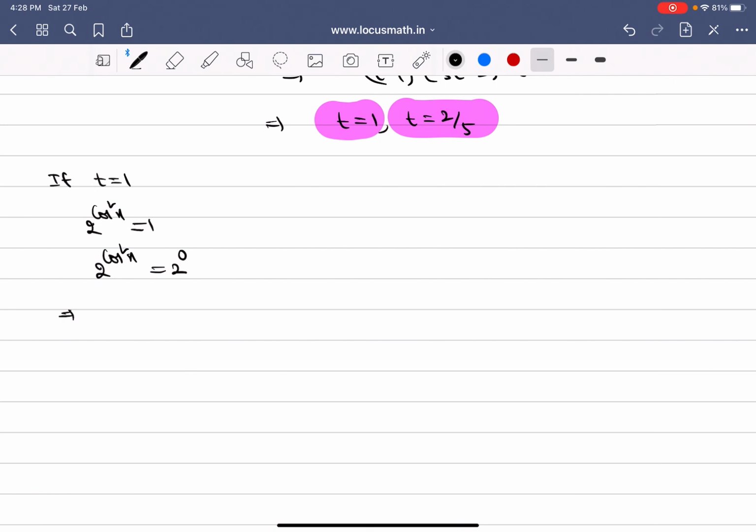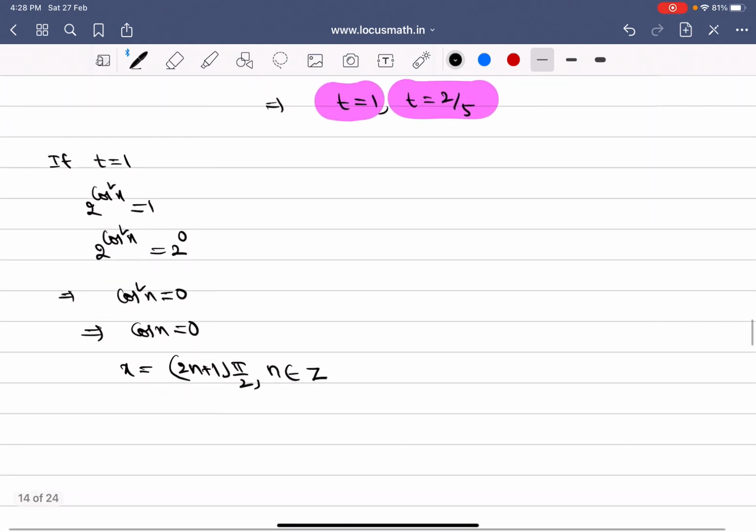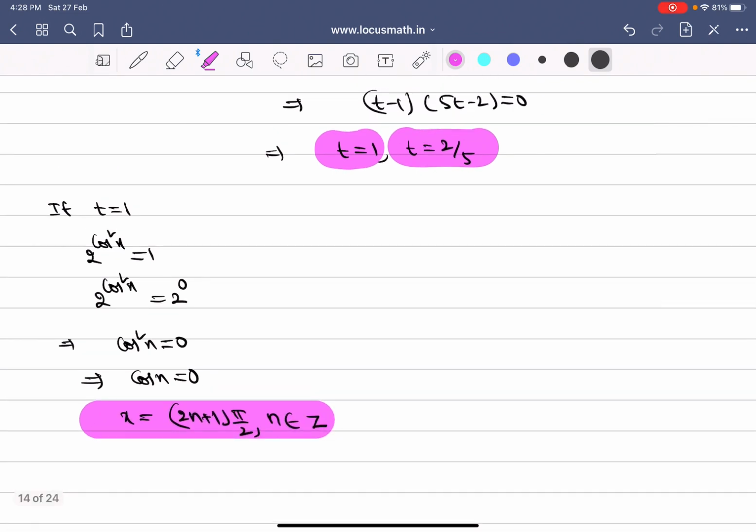That implies cos square x equals 0, so cos x equals 0. So what is the general solution for cos x equal to 0? x equals odd multiples of pi by 2, where n is an integer. So this is one set of solutions.